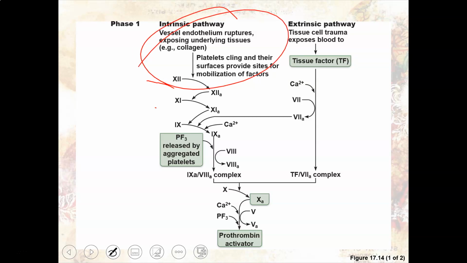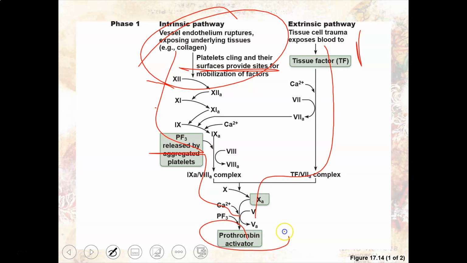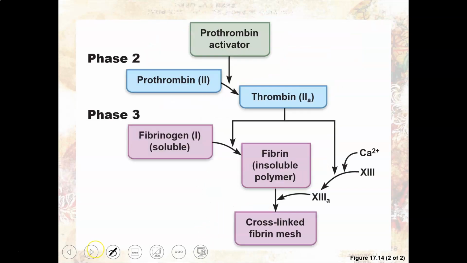This intrinsic pathway is triggered by platelets. The extrinsic pathway is triggered by trauma to the cells that make up the blood vessel. Regardless, these are going to progress in this chain reaction toward this prothrombin activator.